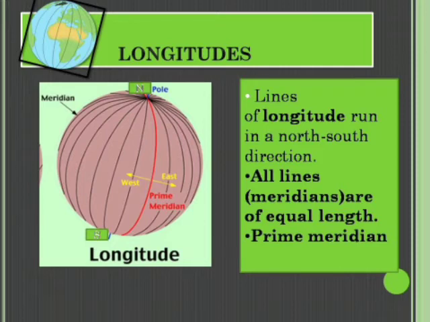One spin takes 24 hours. So 360 divided by 24, then we get 15 degrees. So one meridian takes 15 degrees, until we complete 360 degrees.